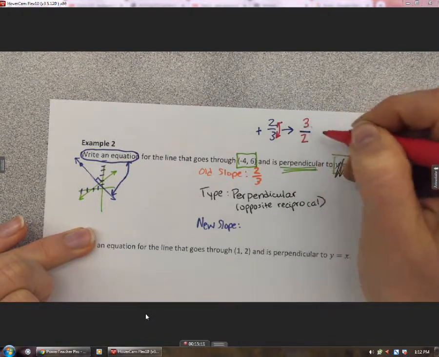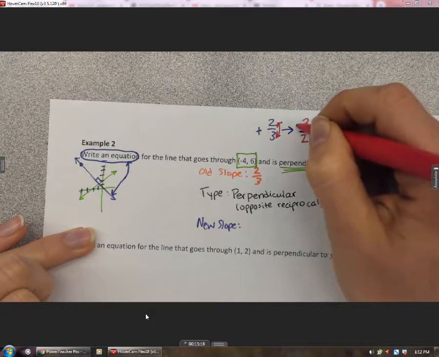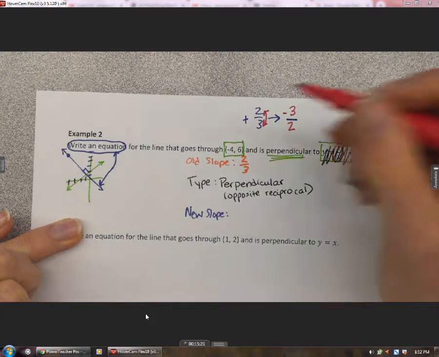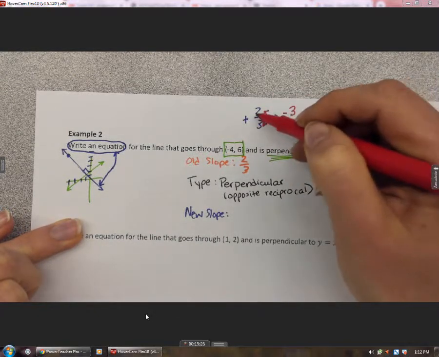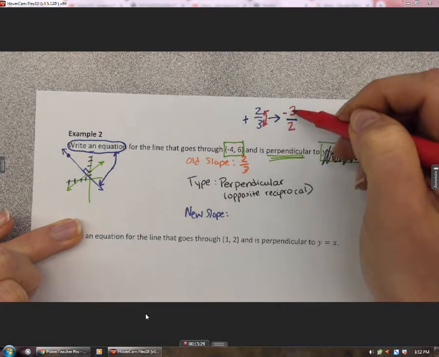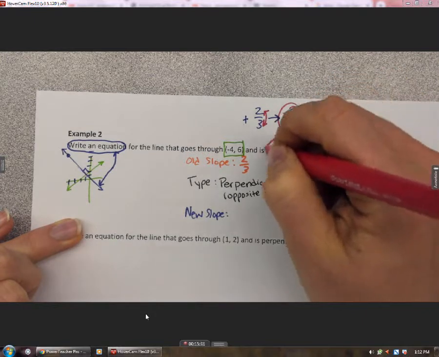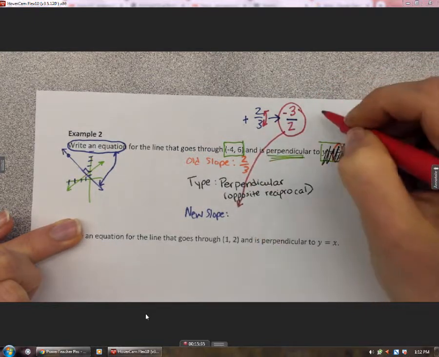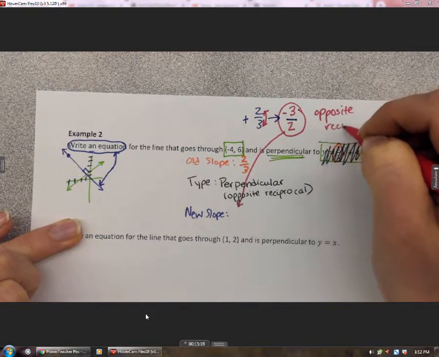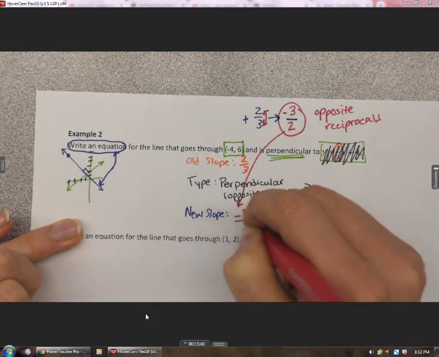But did I lose my negative? That was supposed to be negative. Whoops. Negative 3/2. 2/3 becomes 3/2. That right there is my new slope that's coming down here. These are opposite reciprocals. So negative 3/2.